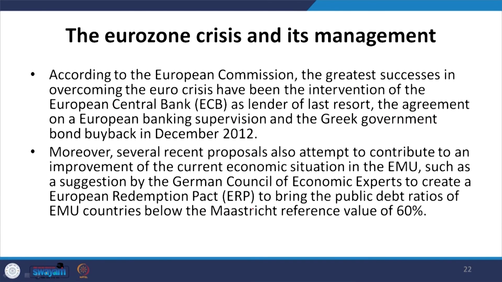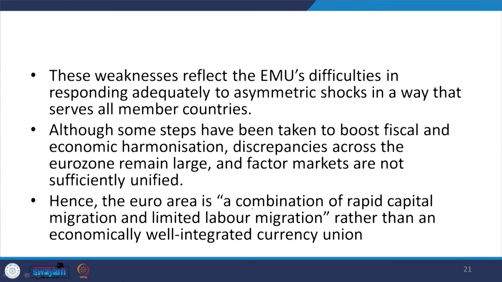These weaknesses reflect the EMU's difficulties in responding adequately to asymmetric shocks in a way that serves all the member countries. Although some steps have been taken to boost fiscal and economic harmonization, discrepancies across the Eurozone remain large, and factor markets are not sufficiently unified. Okay.